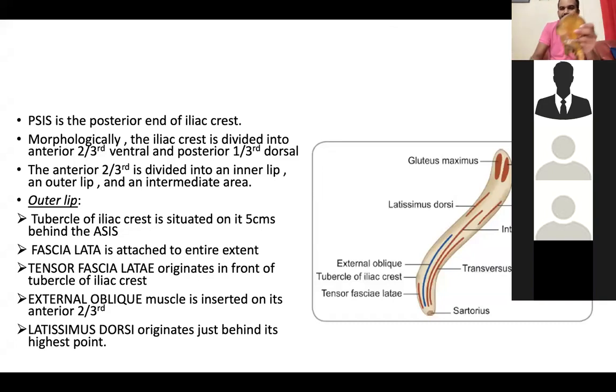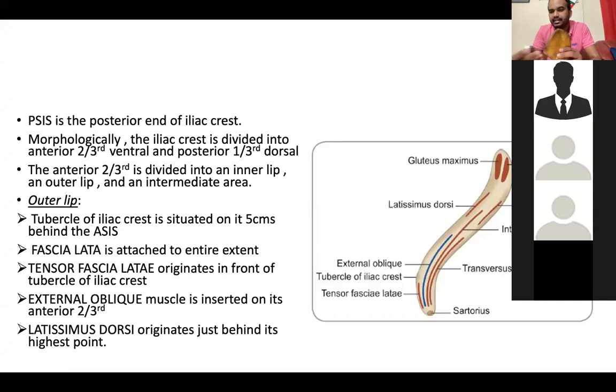This is the anterior superior iliac spine, and this is the posterior superior iliac spine.